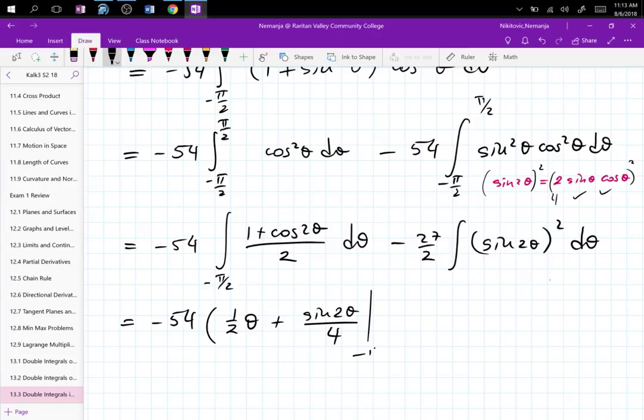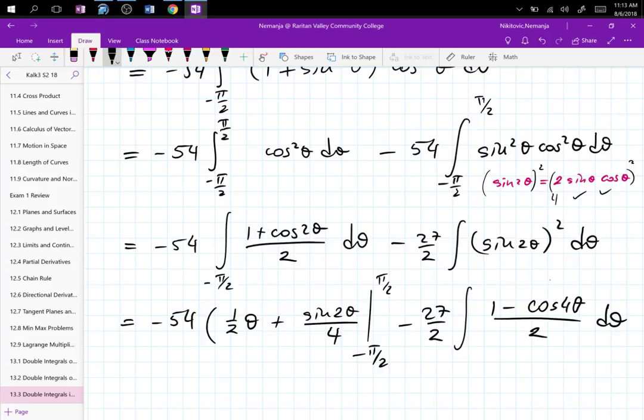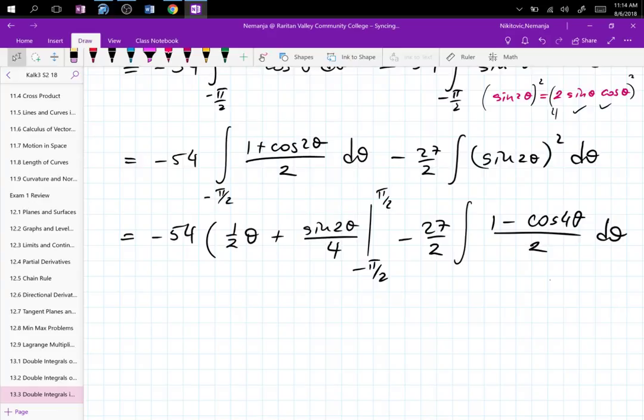That's that, from negative pi over 2 to pi over 2, minus 27 over 2. Now this integral I still have to write one more time because I have to go with the formula. So cosine 4 theta over 2 d theta. Remember, it always doubles the angle, right?